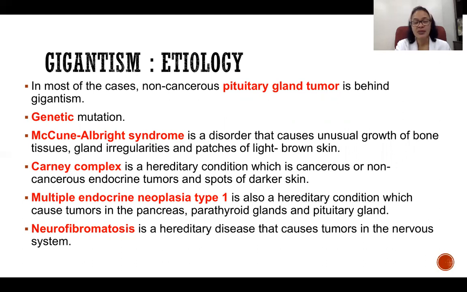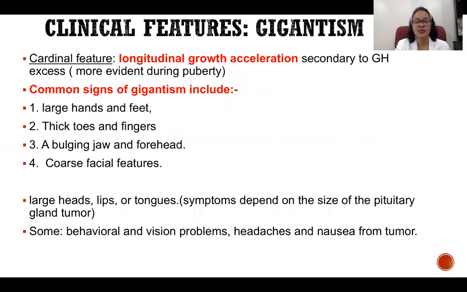We also have this hereditary condition, the Carney complex. Patients may have non-cancerous endocrine tumors and spots on patients with darker skin. MEN type 1 could also be one of the causes, and also patients with neurofibromatosis. This neurofibromatosis causes tumors in the nervous tissues.